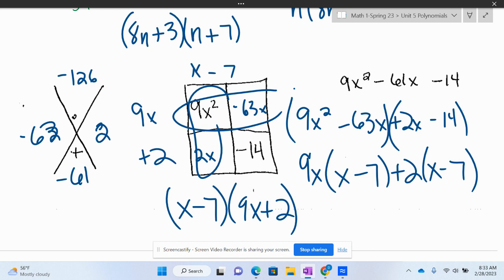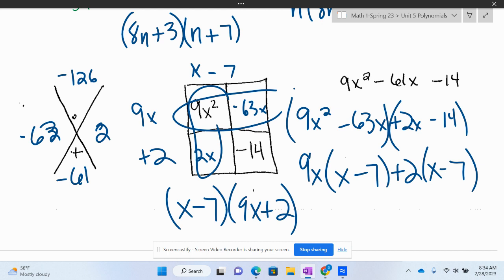So what are you doing in here? Okay, you always put the product in. Always. We're always putting the product in. So y equals what? What's the product? Okay, divided by x. I'm looking for negative 126 as my product, that adds up to negative 61.